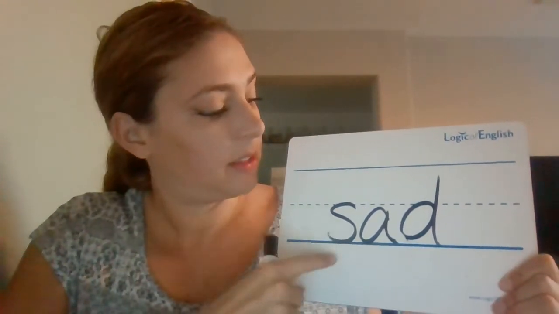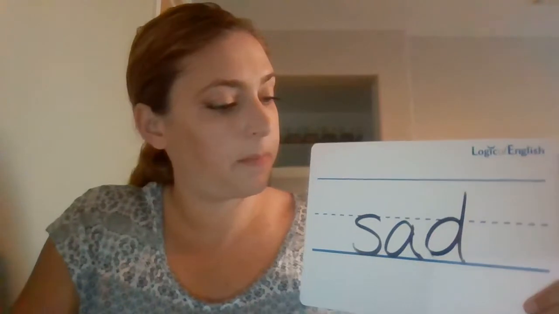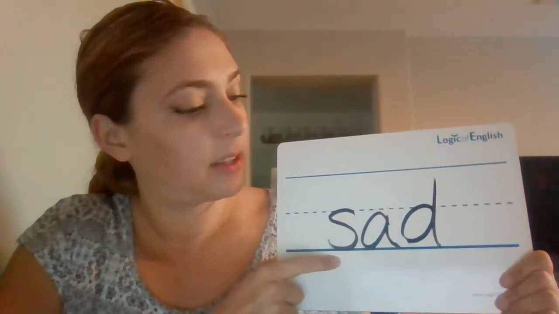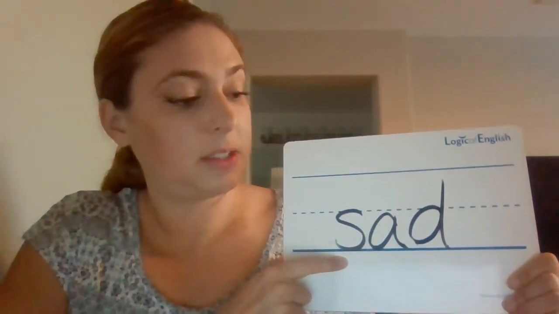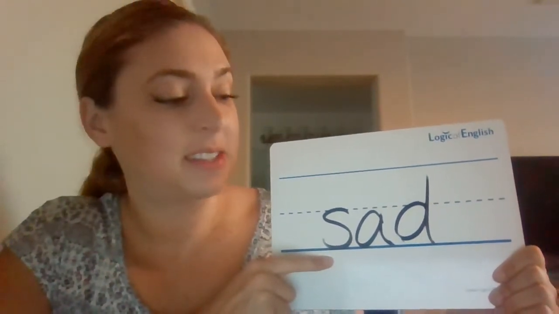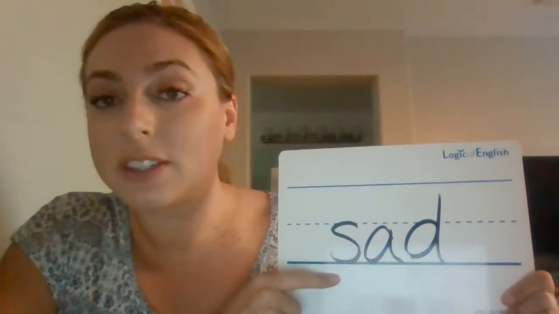Sad. S-A-D. Okay. Do you remember our letter S? It has more than one sound. Our letter S makes the sound S. Yes. But is there another letter that makes the S sound?